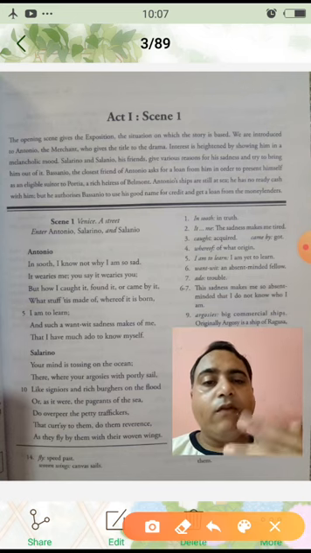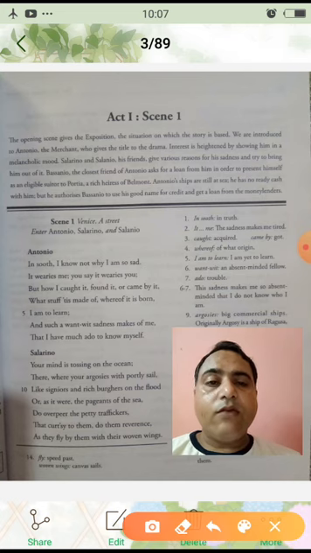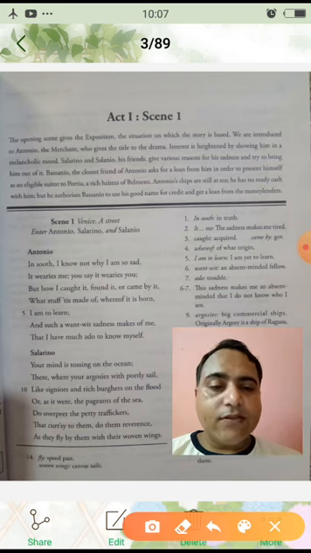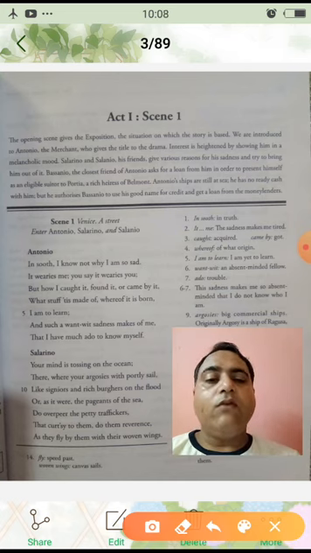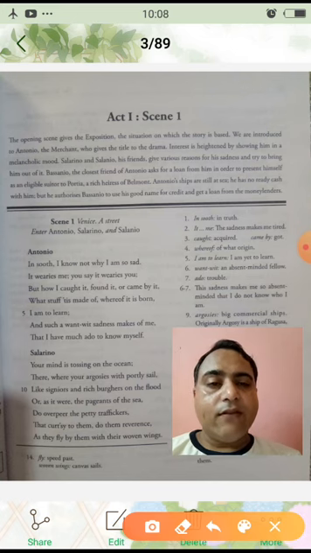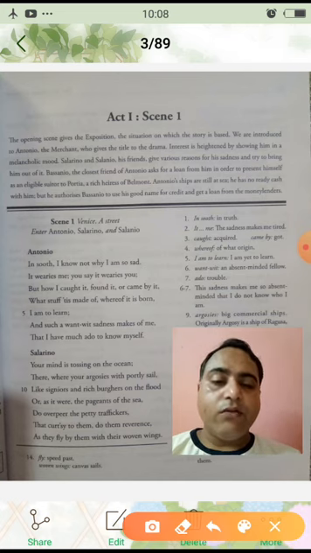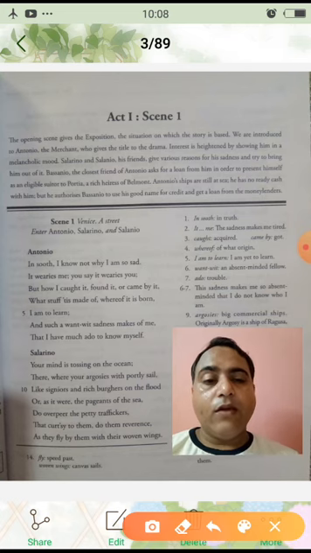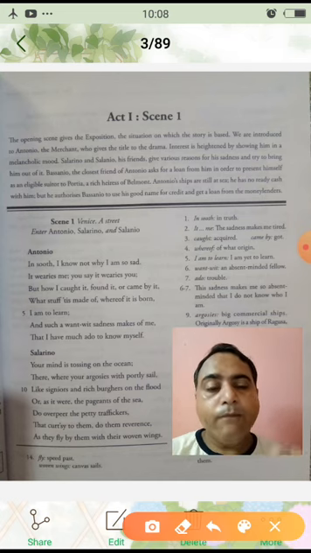They try to give various reasons to find out the reason behind Antonio's sadness, and they are trying to make their friend Antonio happy and cheerful.